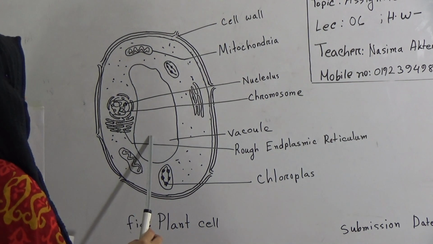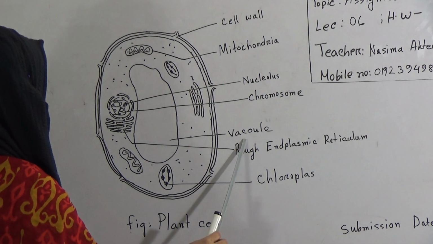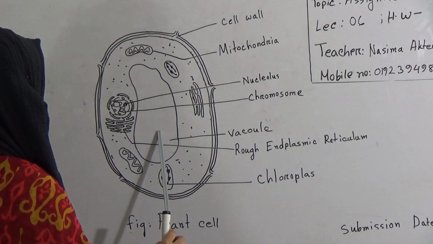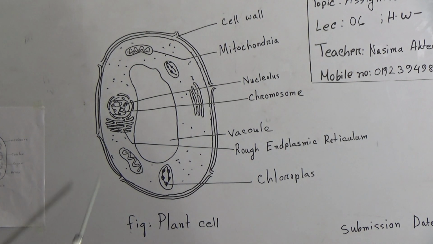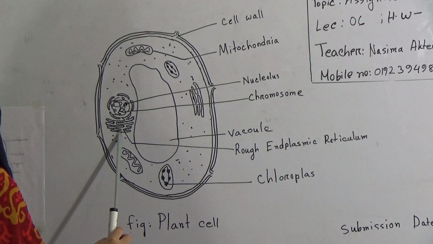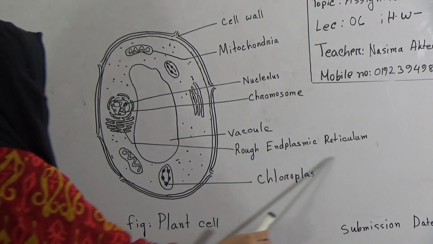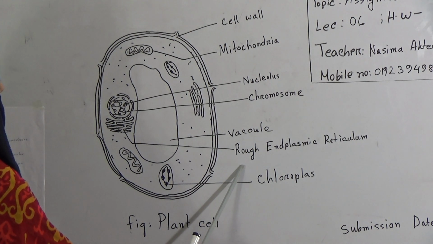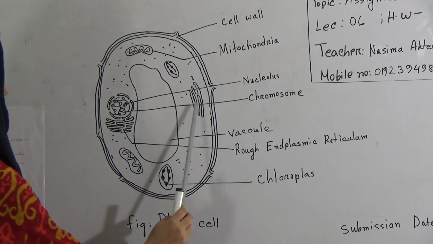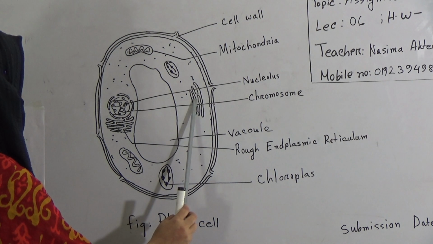And in the middle of the cell we can see a big vacuole here. This one is another special characteristic of plant cell, and we can see here the rough endoplasmic reticulum, and here is the smooth endoplasmic reticulum.